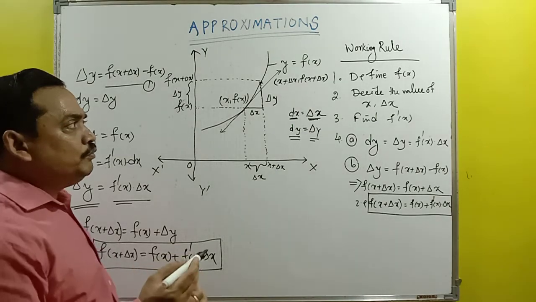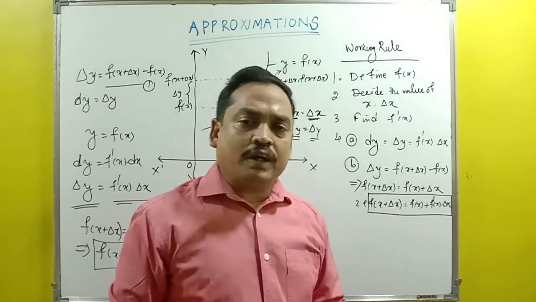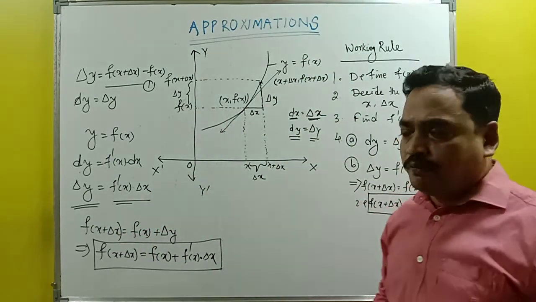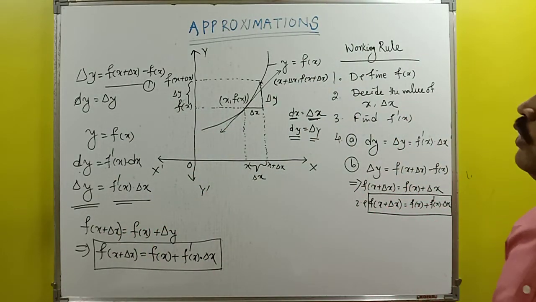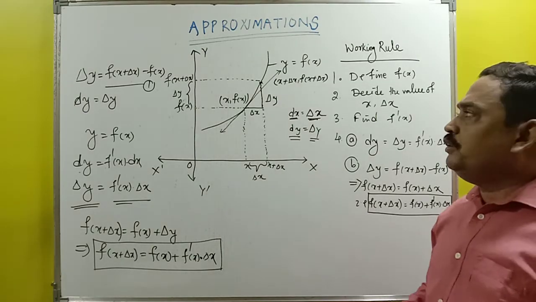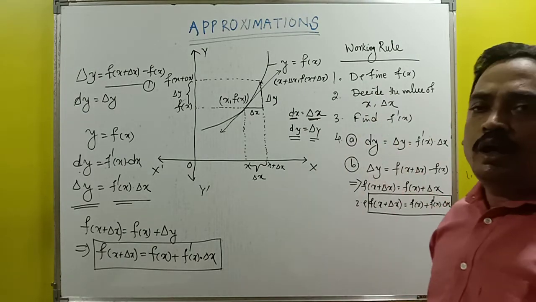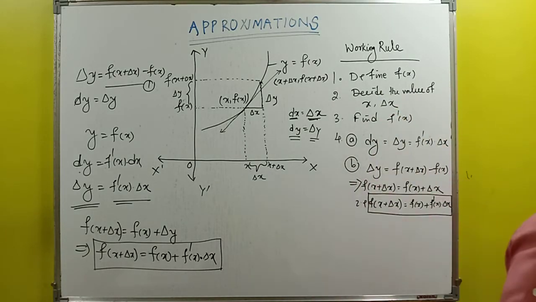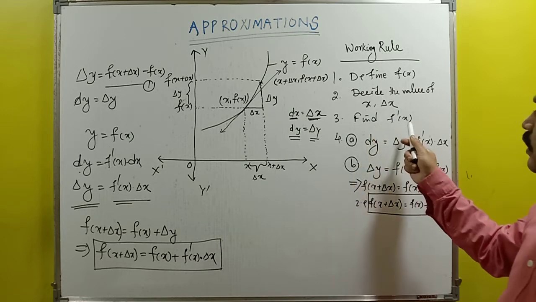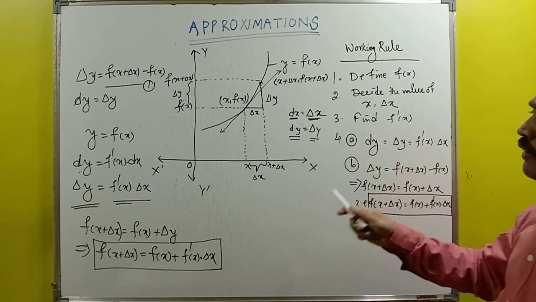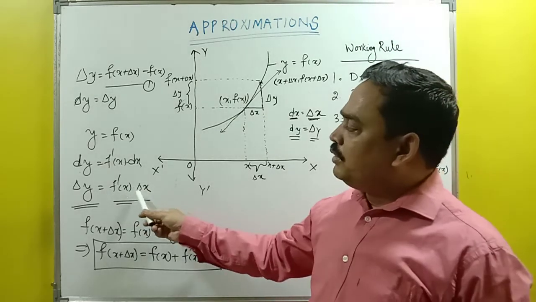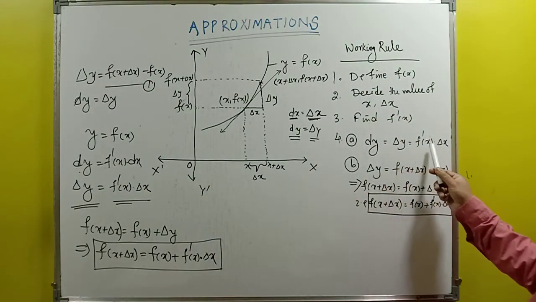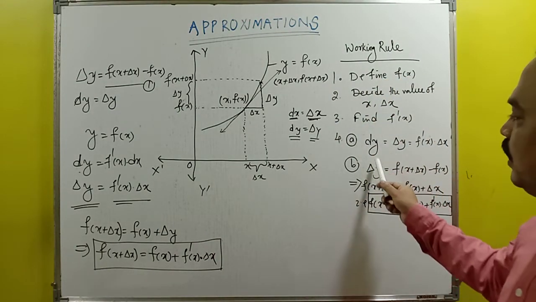I'll solve it. Before solving, let us first understand the working rule for solving approximation. Step 1, you have to define a function f of x. Second, decide what is x and what is del x, and then find f dash x. Then del y is equal to f dash x into del x, which is either dy or del y.